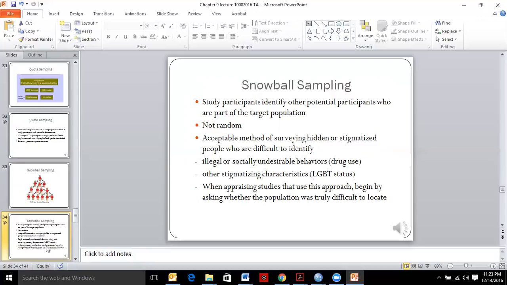For example, illegal or socially undesirable behaviors like drug use, and other stigmatized characteristics like LGBT status. When appraising studies that use this approach, we should ask whether the population was truly difficult to locate.